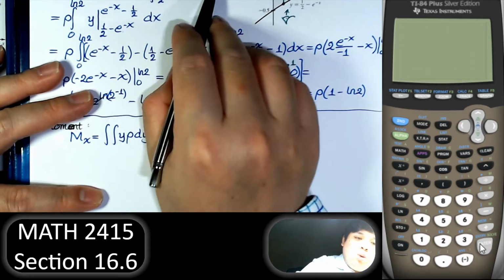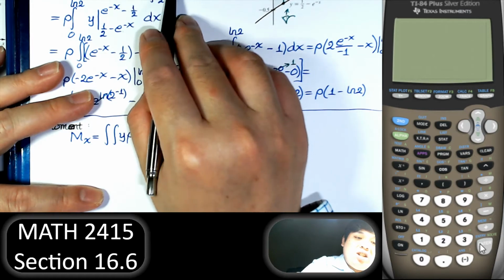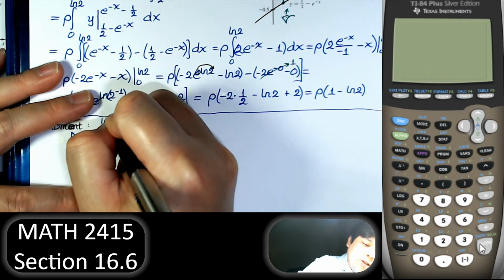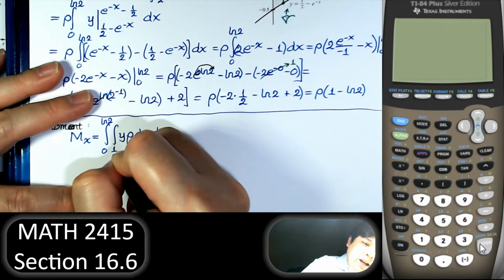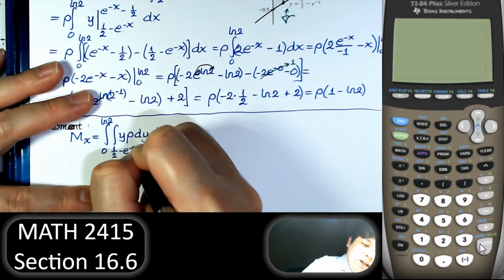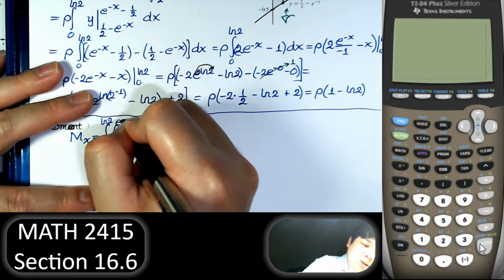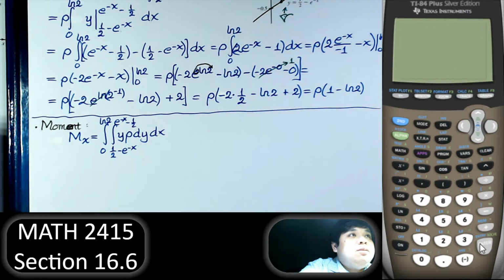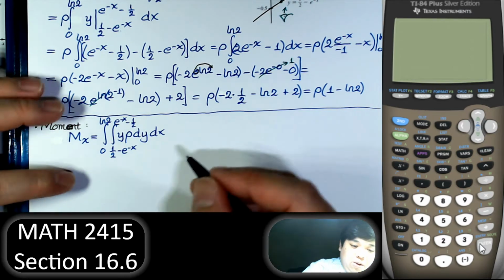So I'll use the same integral, but I just stick the y to it: from 0 to ln of 2, y from 1/2 minus e to the negative x to e to the negative x minus 1/2. Now the integral inside.